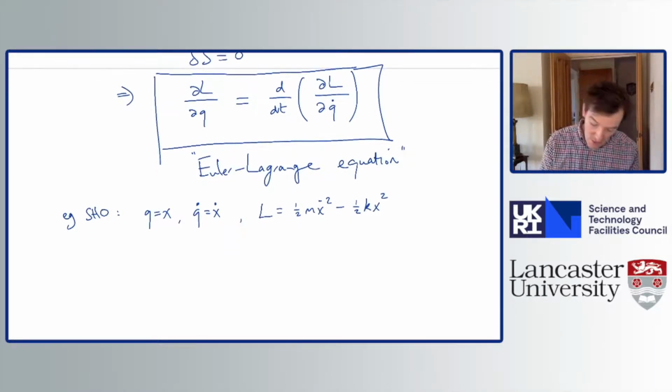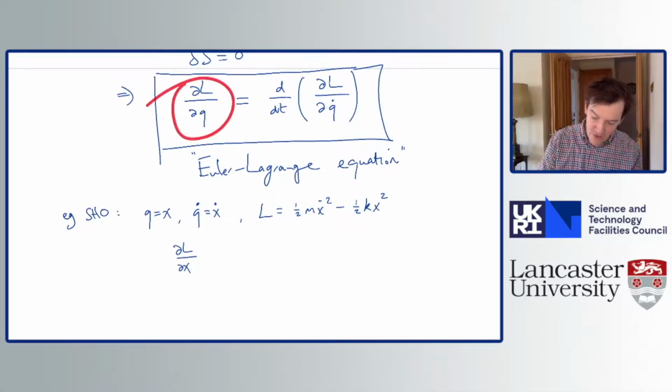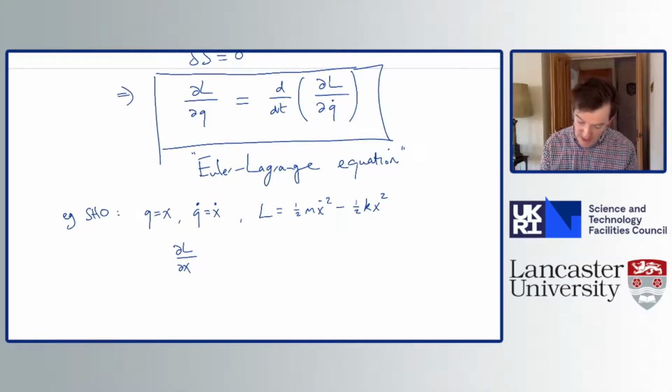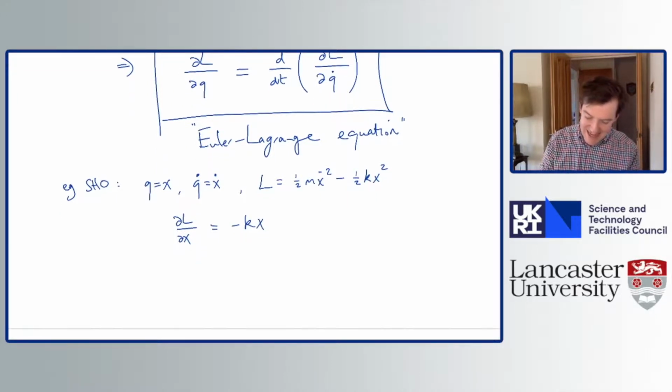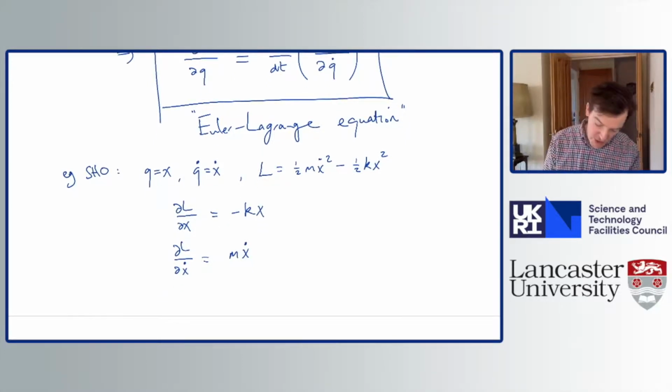So we just need to work out what dL/dx is. That's the left-hand side of my Euler-Lagrange equation when I set q equal to x. dL/dx is simply minus kx. Then I need to work out the right-hand side, so we need dL/dx dot, which is simply m x dot. My Euler-Lagrange equation then becomes d/dt of m x dot is minus kx.